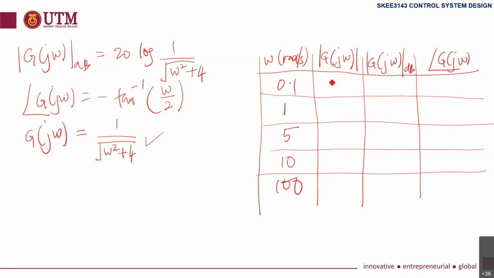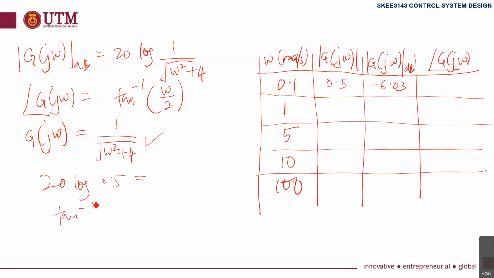The 0.5 Doctor. 0.5, right? dB, 20 log 0.5. Negative 6.03 dB. Okay, phase.